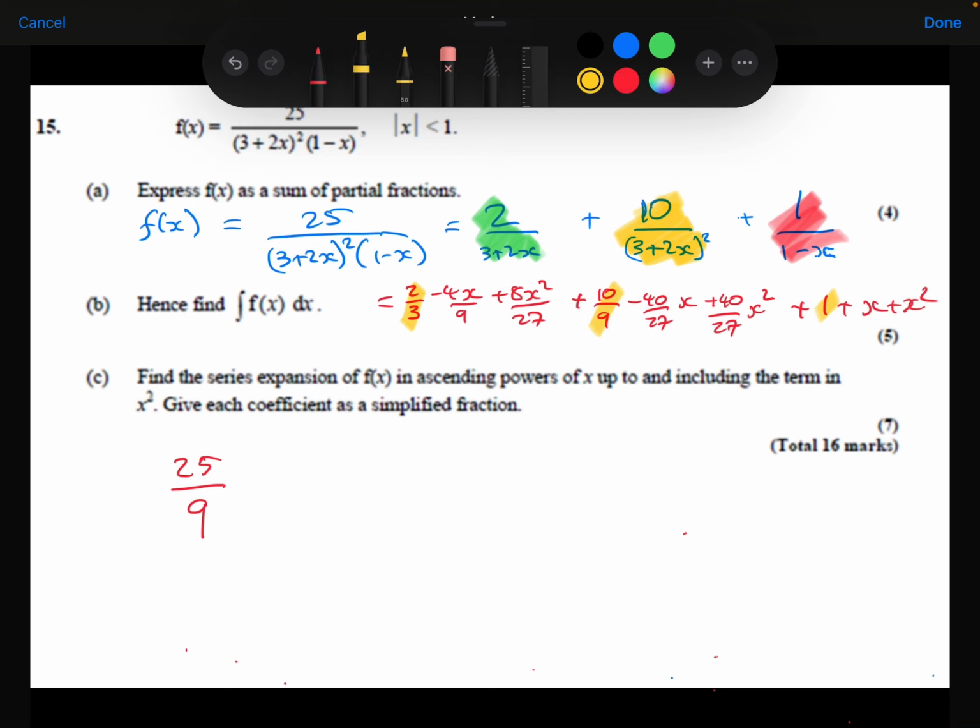We have got the minus 4x over 9 minus 40x over 27 plus x, which gives minus 25x over 27. And then finally adding up the x squared terms, so adding up these three terms, we will get 25 over 9 x squared. And that's our answer.